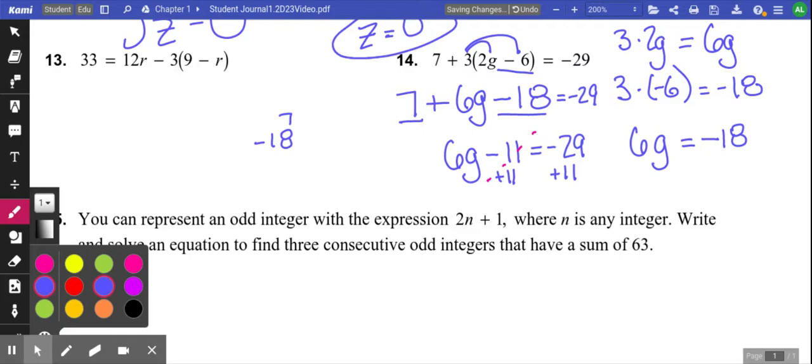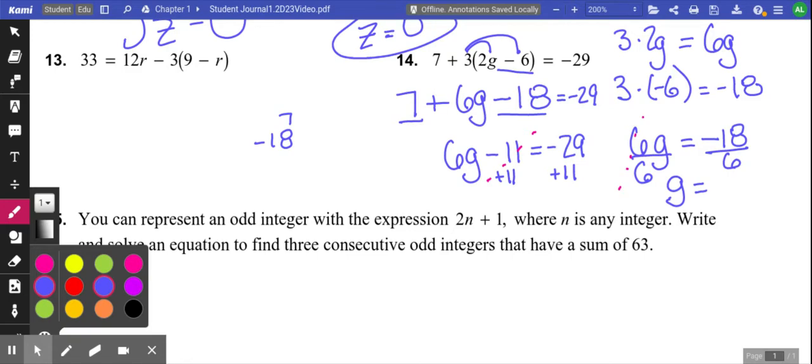Then one last step, I'm multiplying this g. If I want to get the g on its own, I've got to do the opposite, so I'm going to divide. I'm dividing both sides by the 6. You've always got to do the same thing on both sides of your equation. My 6's are going to cancel out. I'm just left with g.